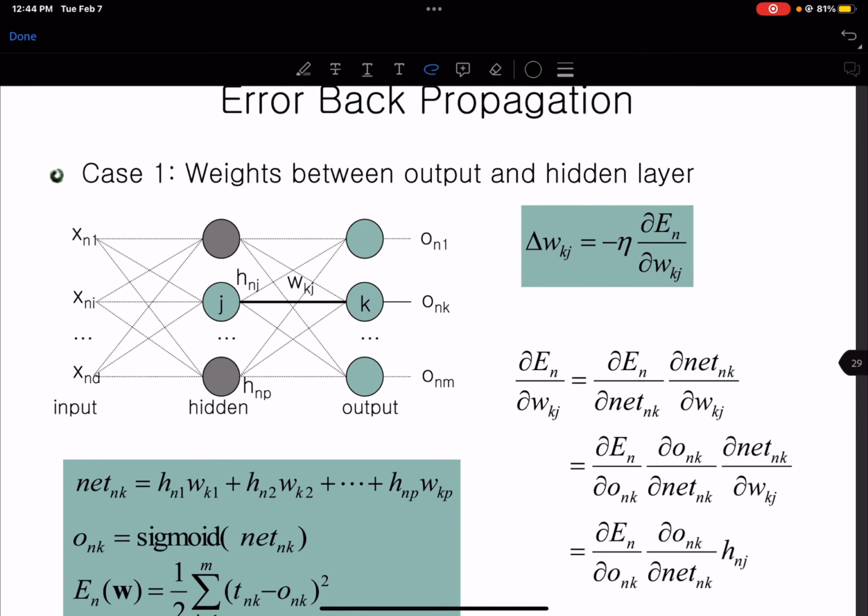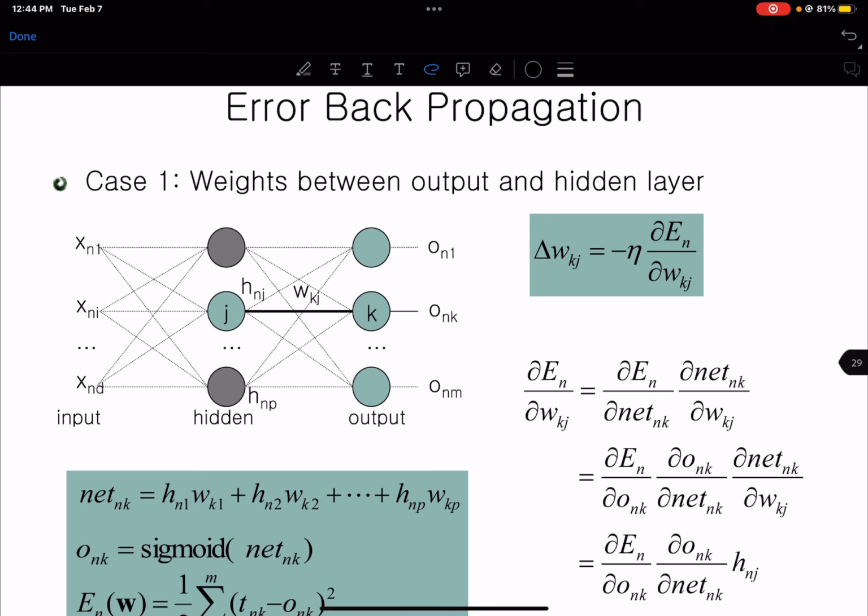Now we take the update of that weight value, that is, by how much the new weight has to be updated so that the model is learning. For that we have to take the partial derivative with respect to the weight value.